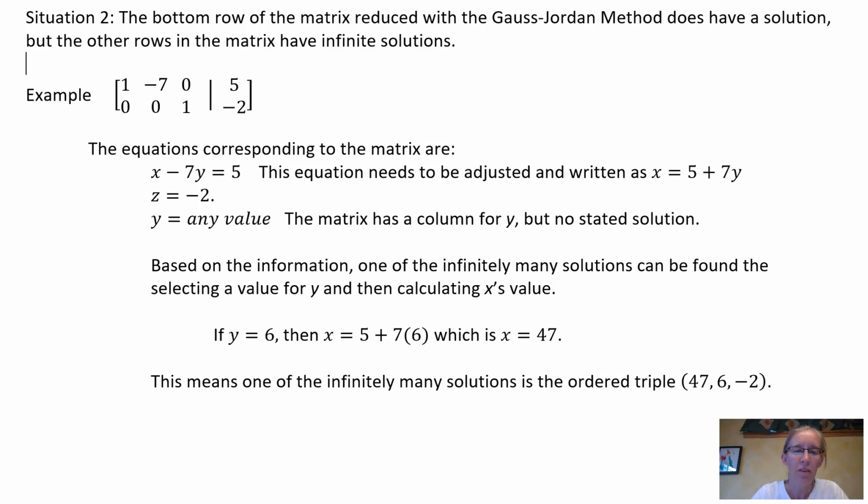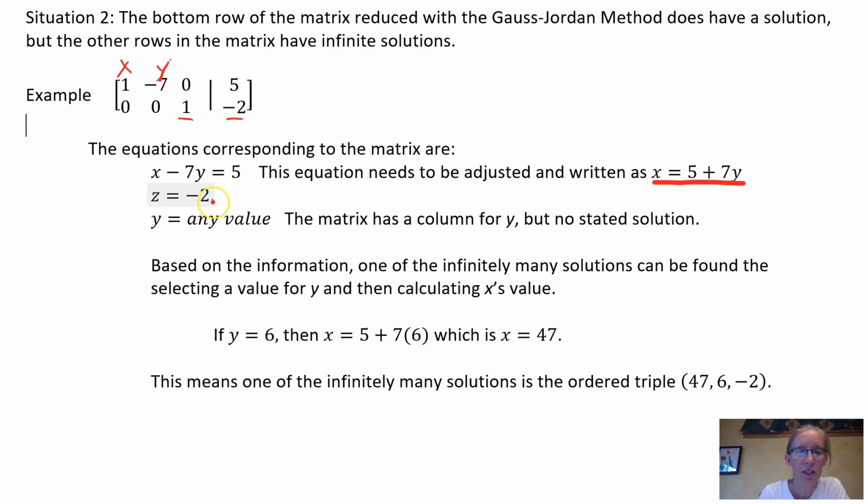In the bottom row, it tells us that z will equal negative 2. So we know z equals negative 2, but that first row tells us that 1x minus 7y will equal 5. That first equation from the first row needs to be transformed. So it says x equals 5 plus 7y.